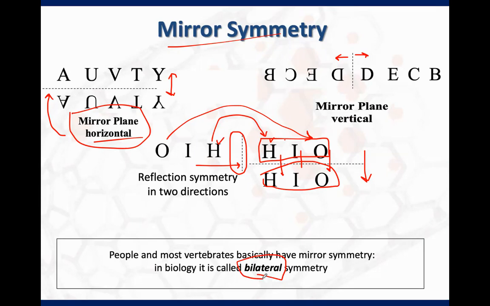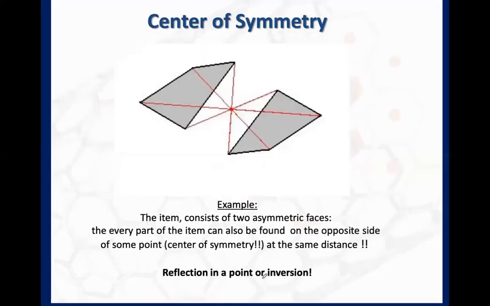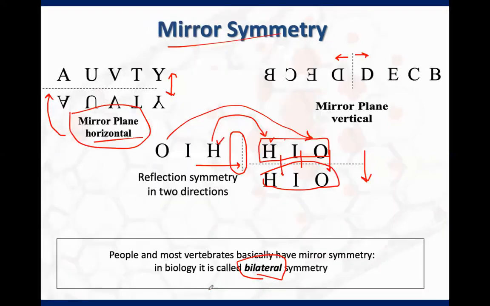You can observe these types of symmetries in crystals. And the other one is inversion. This is also one kind of reflection actually, but in a point. Remember, it's in a point. It's not a reflection over a plane like in the previous case.